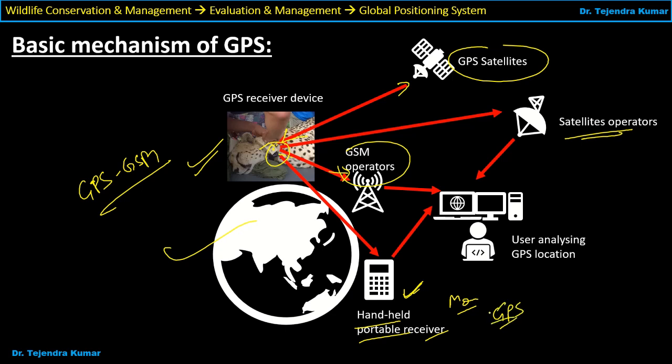GPS is also a device which you can use whenever you go to the forests, for identifying the coordinates. They send all these signals to the user, who analyzes the data. So here the GPS location is analyzed.